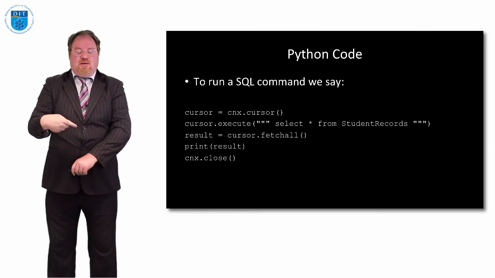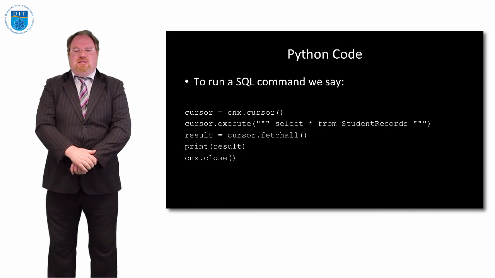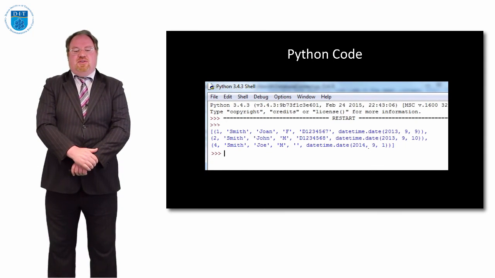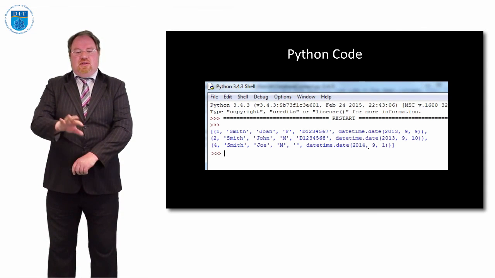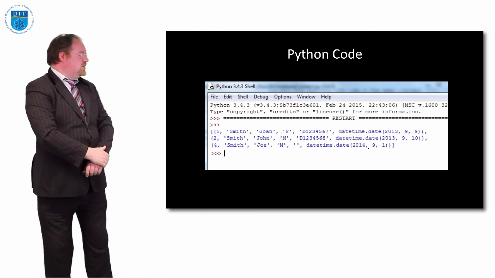So I've set up a database, I put 3 records in it, I executed this code, and here's what I got. I ran the Python program with just 3 records. I put in 1 Joan Smith, female, that's the student number, and the date was the 9th of the 9th, 2013.